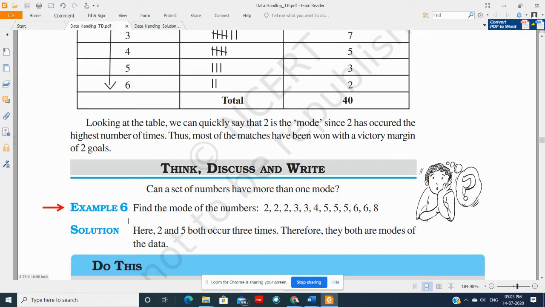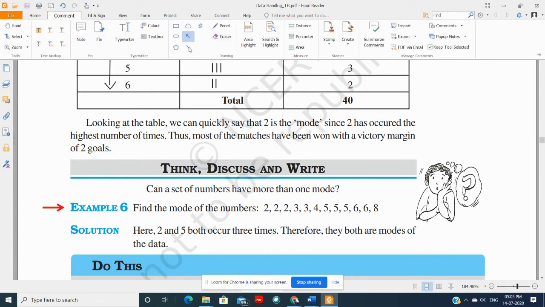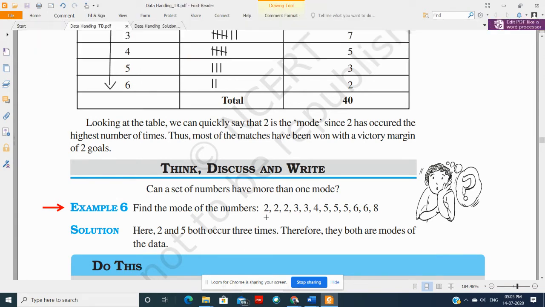Now in example 6, some numbers are given. Like here, if you can see, 2, 3, 4, 4, 5, 6 and 8.